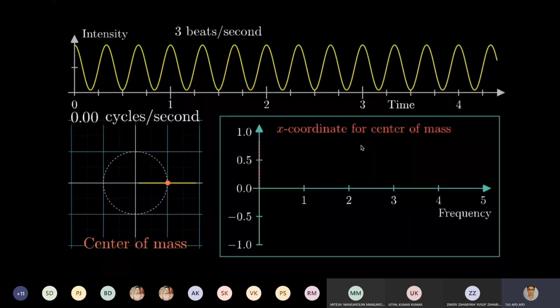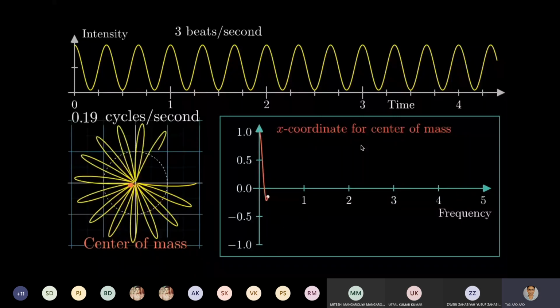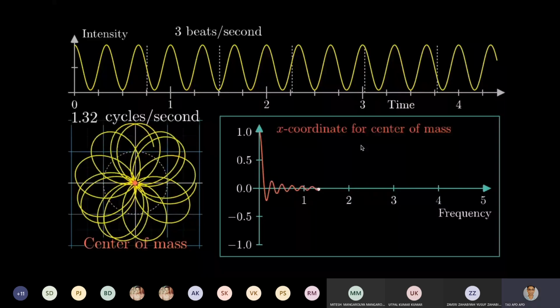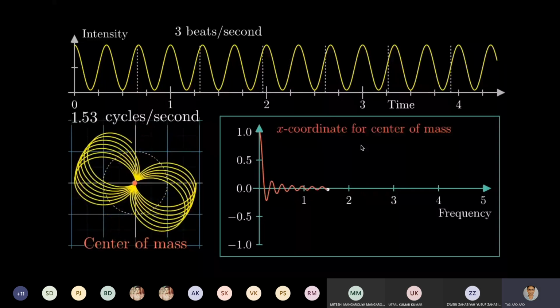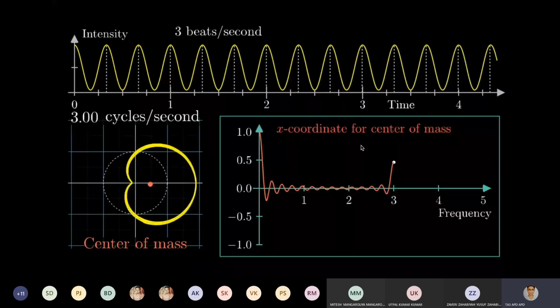And then as you increase that winding frequency, and the graph balances out around the circle, the x coordinate of that center of mass goes closer to 0. It just kind of wobbles around. Then, at 3 beats per second, there's a spike, as everything lines up to the right.